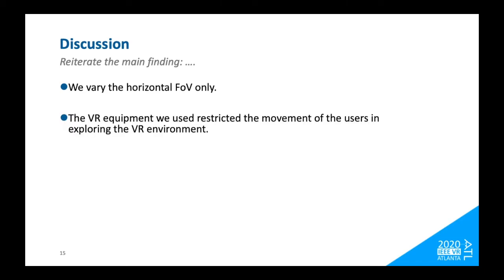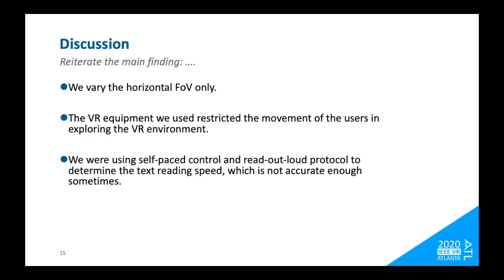Second, instead of using a wireless head-mounted display, we implemented our study with Oculus Rift CV1, and that really restricted the movement of the users in exploring the virtual reality environment, especially for the second study. And when the users took a tour of the application, they had to teleport somewhere instead of freely walking around.